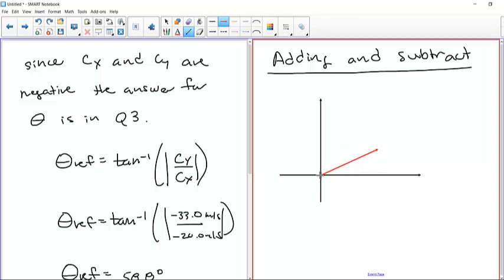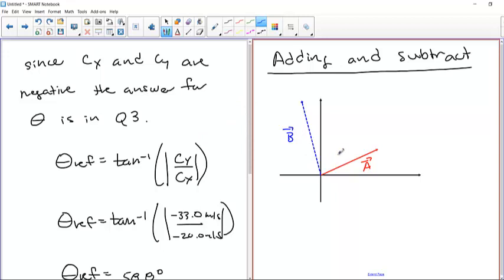Okay, so let's do two vectors here. So we've got two vectors. We've got vector A. Now when you do things graphically, you don't have to break them up into components. So this is vector A, and then over here we've got vector B. So what does it mean to add vectors?